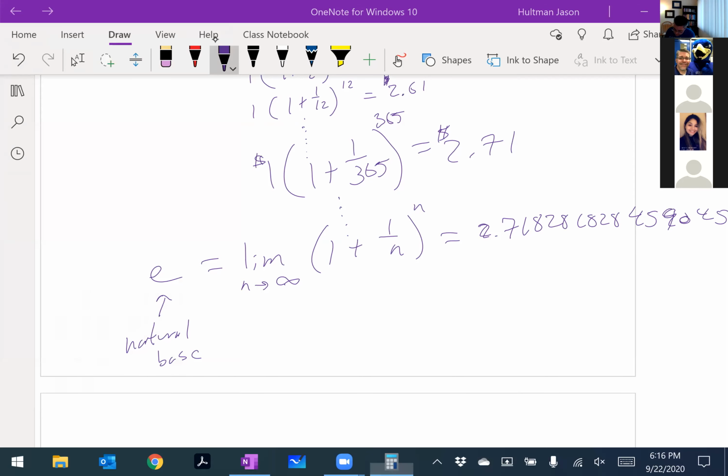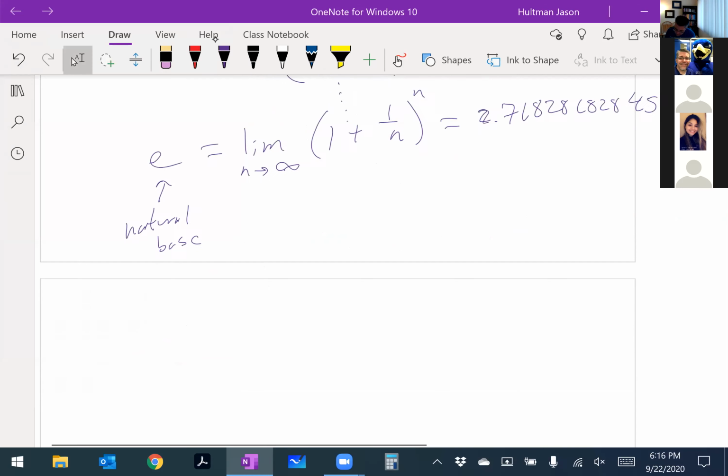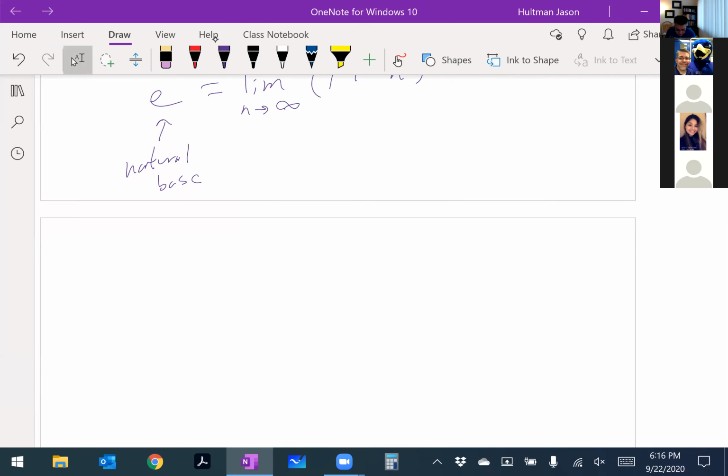Now let's consider what happens as we compound continuously. Let's go back to our compound interest formula. We're going to generalize this.